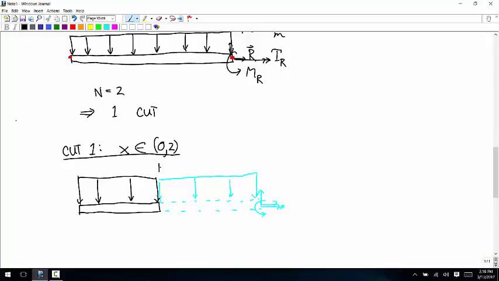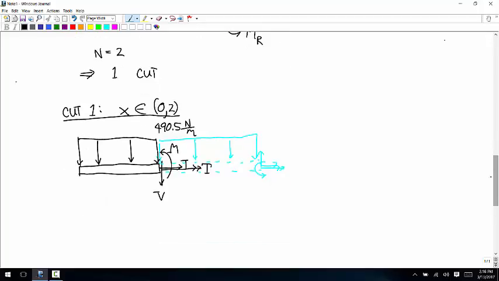This distributed load has a magnitude of 490.5 newtons per meter. And then we have internal loads: the tension, shear force, bending moment, and torque. And the length of this piece is x.